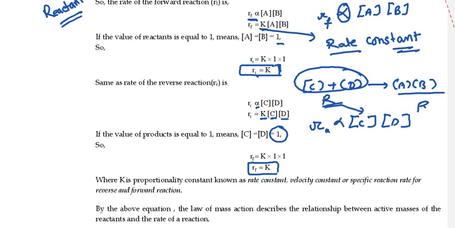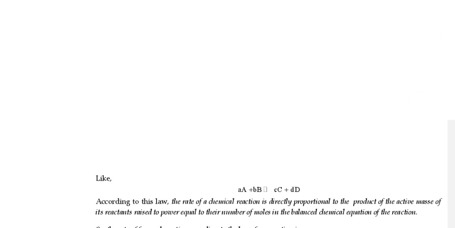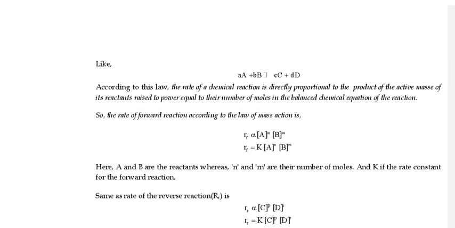If we consider both of these things, for the forward you get this equation. Here you can see there are n and m in the power values. Suppose a plus b gets converted into c and d in reverse.